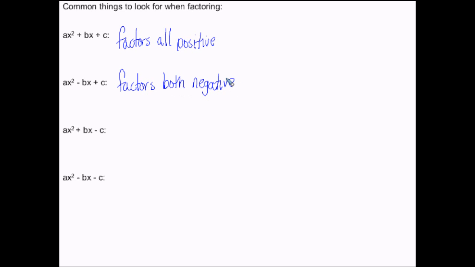If C, the last number, is negative, and the middle number is positive, one factor is positive, one factor is negative, and the positive one is greater.